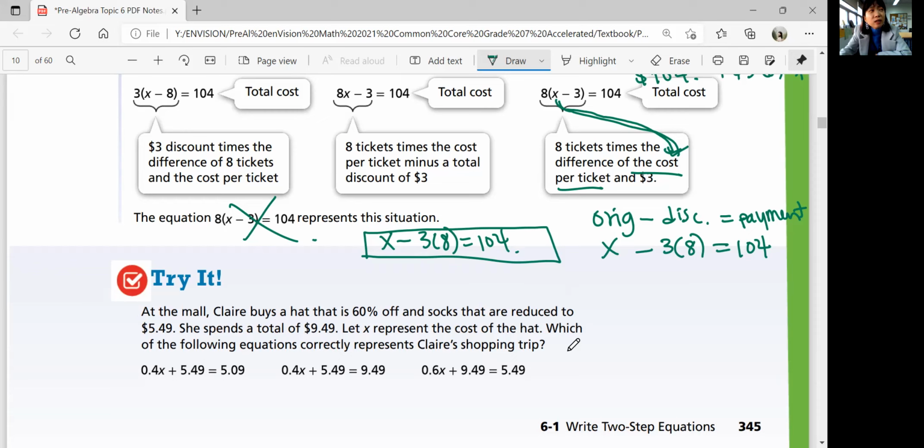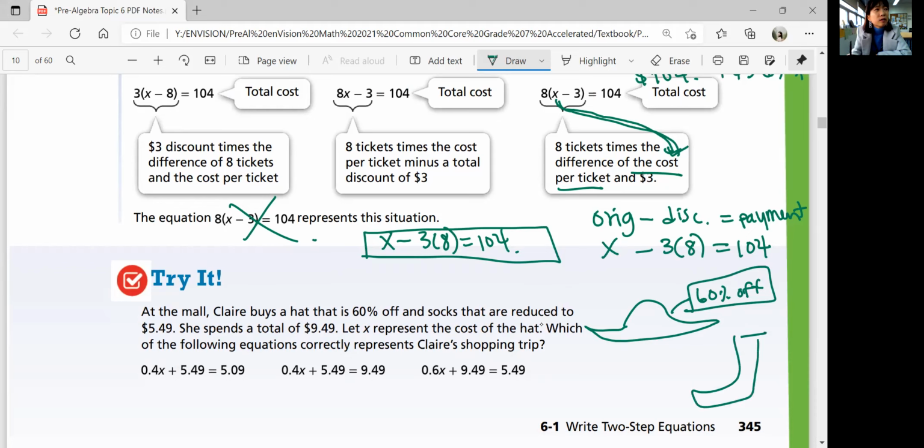Okay, so she buys a hat that is 60% off and socks that are reduced to, so not the original cost, but it's now $5.49. She spends total of 9.49.